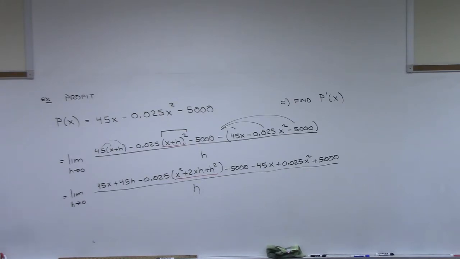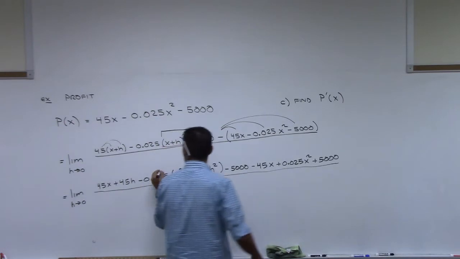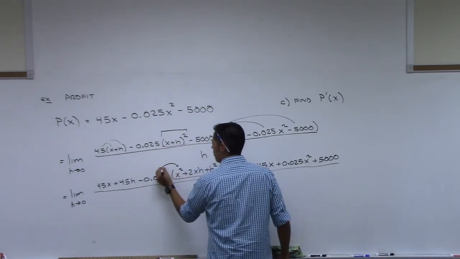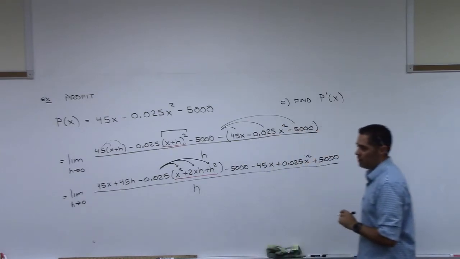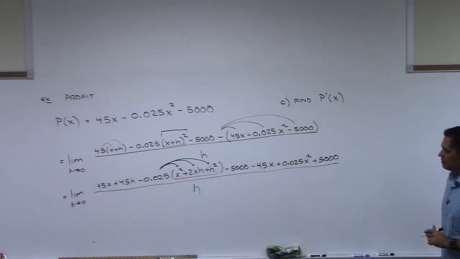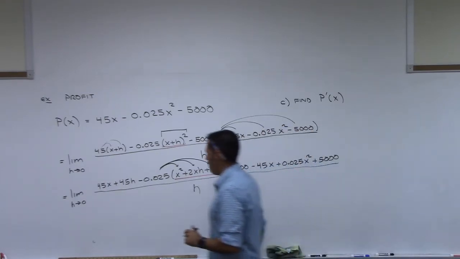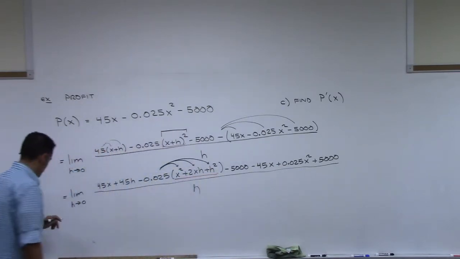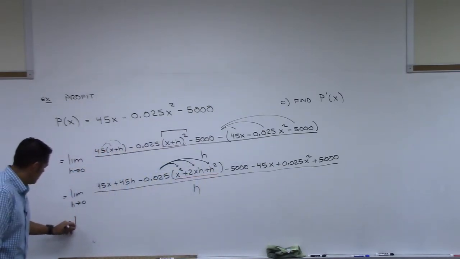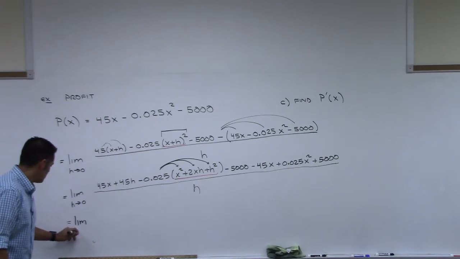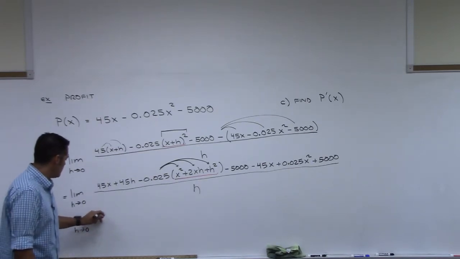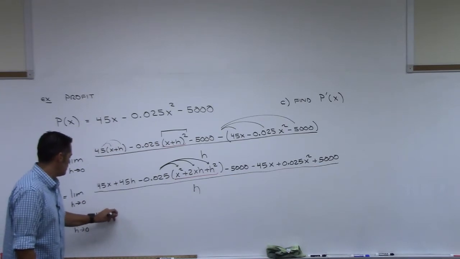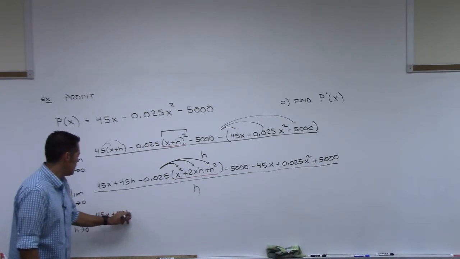Now, yes, I do agree some things cancel, but before I cancel them, I do need to distribute this through here and here. So we're going to get some decimals here, and it's not going to be real pretty, but it's the way it is. Limit as h goes to 0. Now here we go. I've got 45x plus 45h.